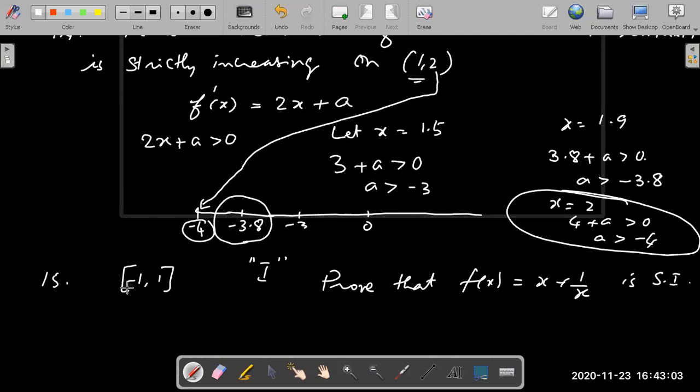That means any other value that you can give, 0, minus 1, 1, except this interval. Any other values you can give, and we have to prove that this is strictly increasing.